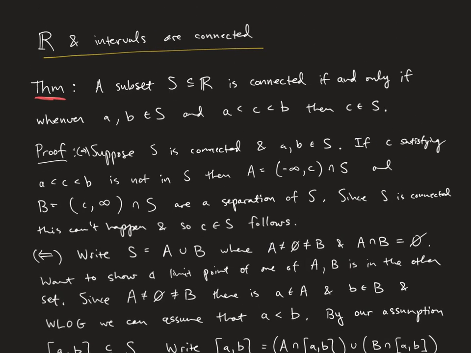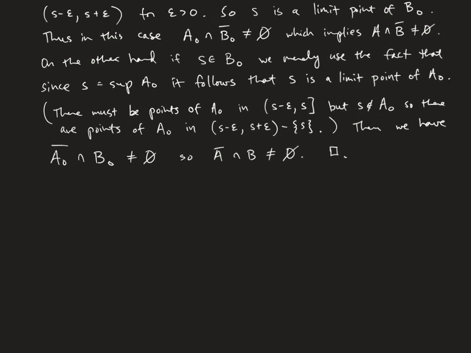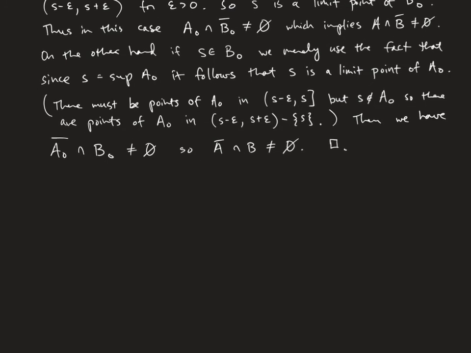Okay. So that one's a non-trivial one. Proving anything is connected is not so easy from first principles. But in any case, we get the happy corollary that R is connected, so R and any interval in R are connected.